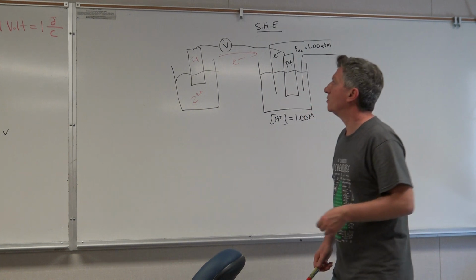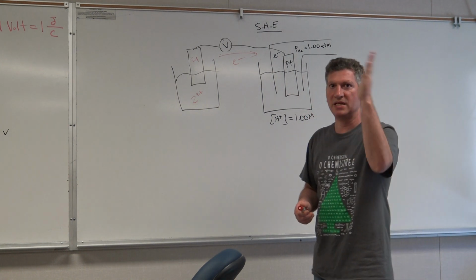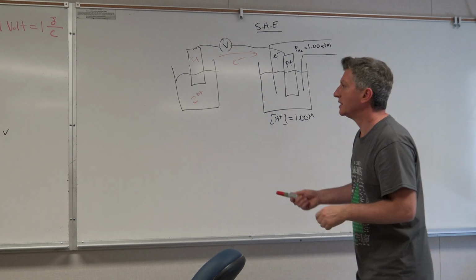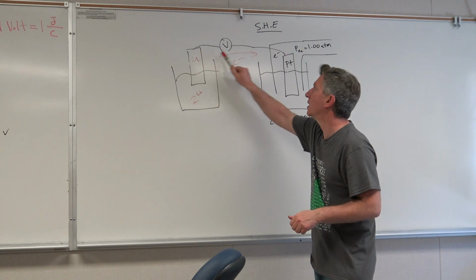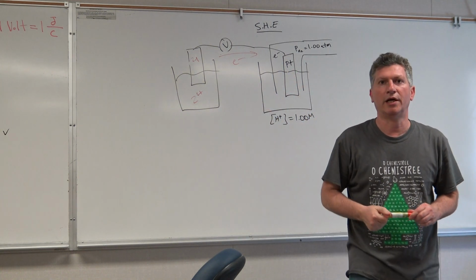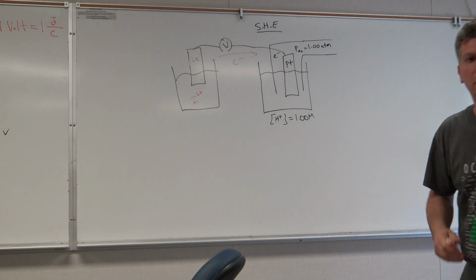And if you use a voltmeter and you reverse the cathode and anode, you'll see it will be negative versus positive. So in this case, it will be negative, which means that the electrons are actually going from zinc toward the hydrogen electrode.